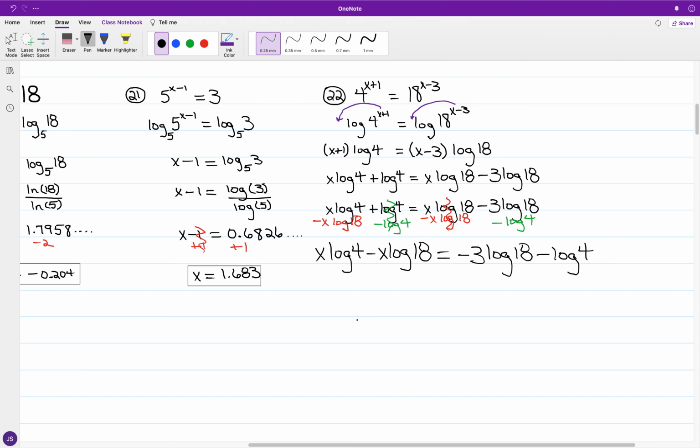Again, we're looking at solving for x, so we've got the x terms on the left, and to get this to a single x term, I can factor out x.